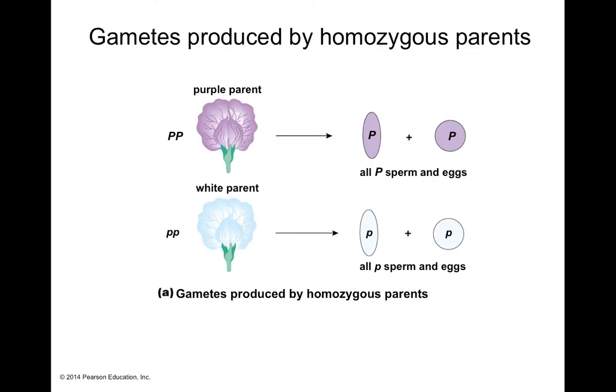All right, so I'm going to bring you back now to where we were just talking about that first cross. Here we have the purple parent that is homozygous dominant, so 2 copies of the dominant allele. The only sperm and eggs that they can create are going to have the purple allele. Same thing with the homozygous recessive, only able to produce the white allele.